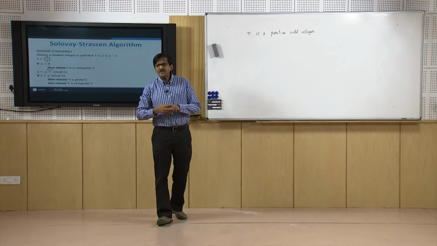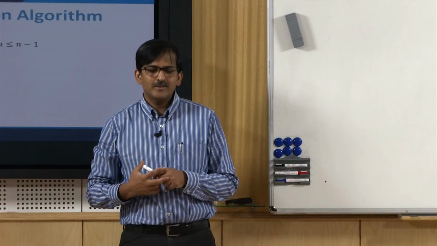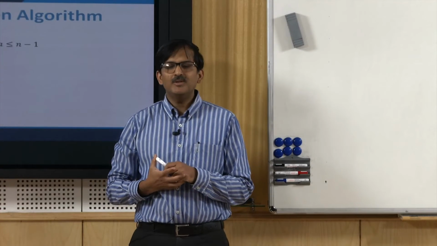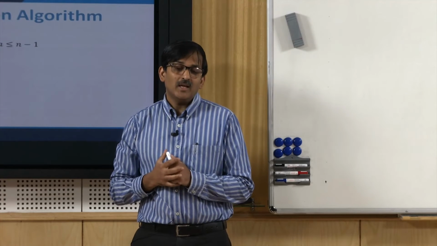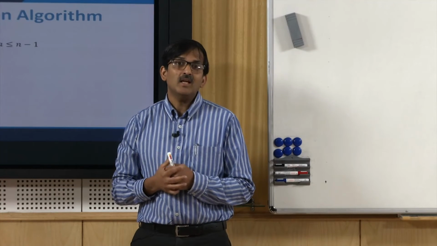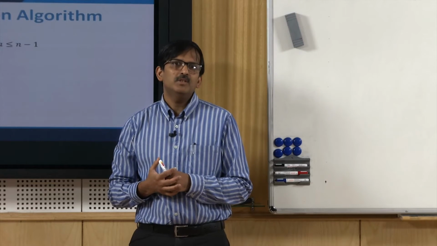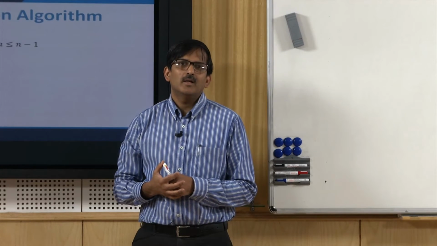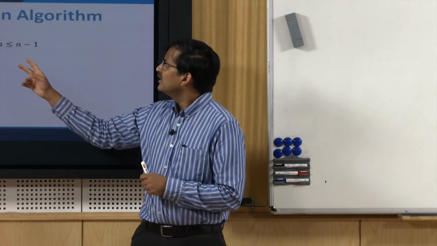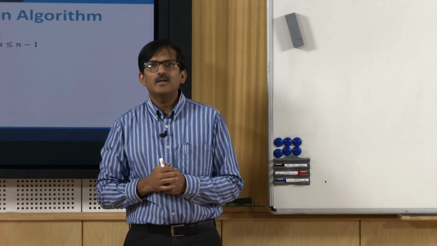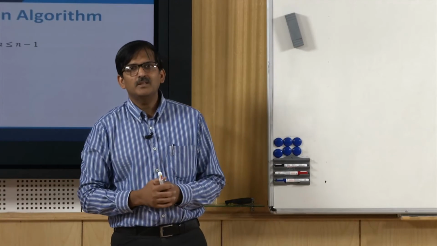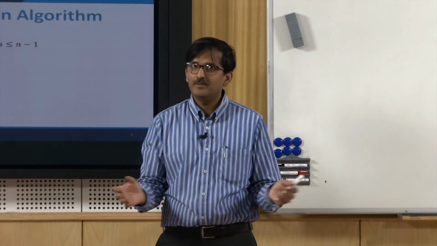This is also something very important, and that is often not realized, that often people do not realize when people are studying for the first time, that it is a very crucial matter how to choose an integer at random between 1 and n minus 1, but we are not going to discuss that.